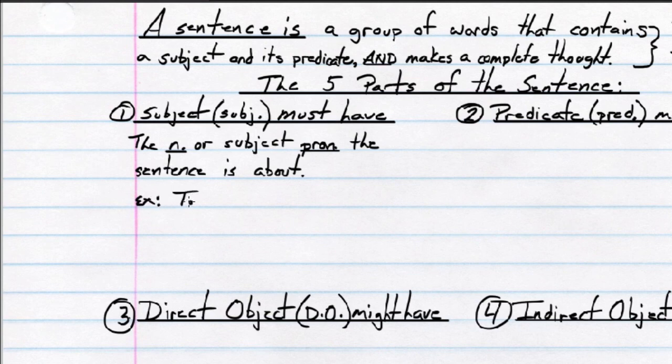Of course, you could probably guess, Tom. If I were to draw this out in diagram form, it would look like this. So I'm going to underline Tom and I'm going to draw an arrow showing where it goes in our diagram.